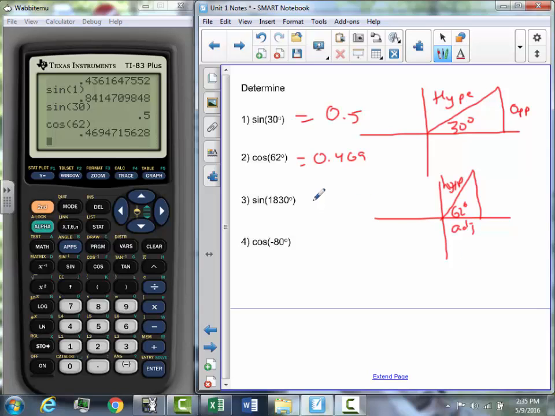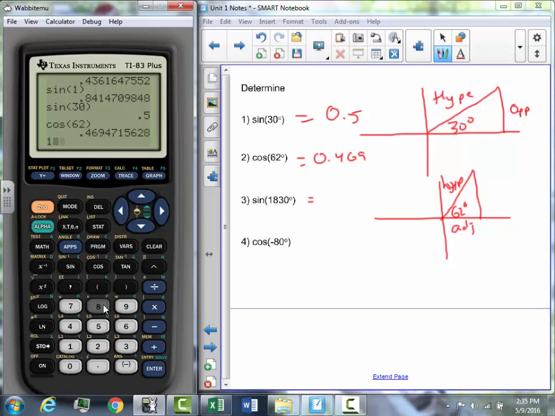Now we can still do that with a large number, like 1830. Let me start by figuring out what 1830 really is. 1830 means if I subtract 360 and keep subtracting 360, and I'll just do it again, and again, it's equal to 30 degrees. It looks like this is actually going around the circle 5 times and then going 30 degrees.